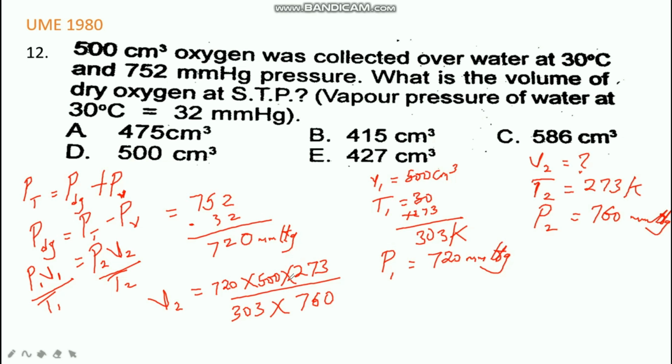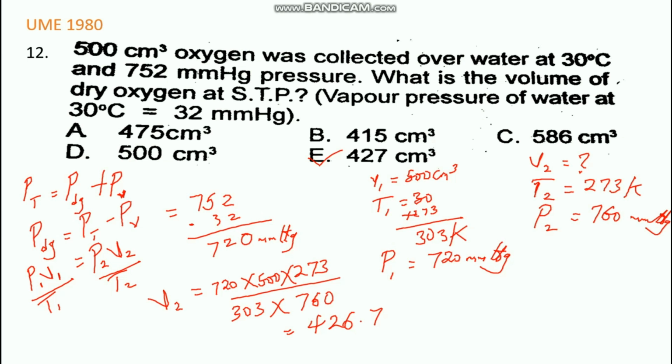So we have 720 times 500 times 273, then divided by 303 divided by 760. And that will result to 426.7, which is approximately 427, and that is option E.